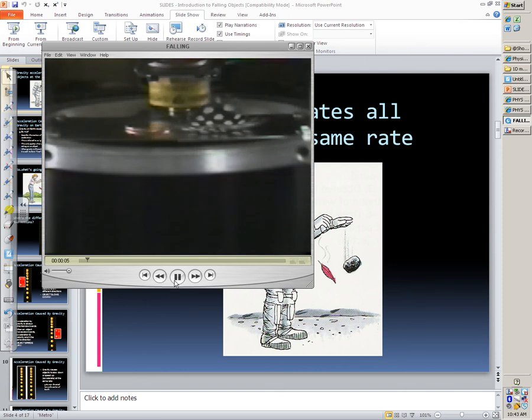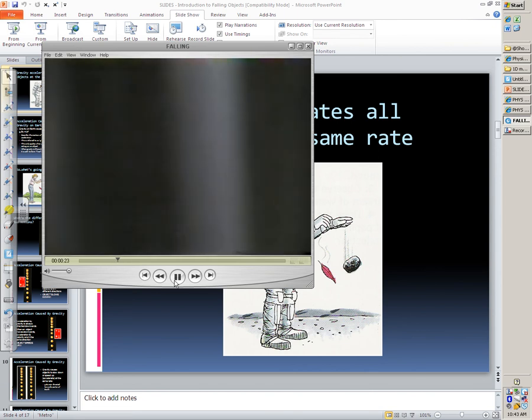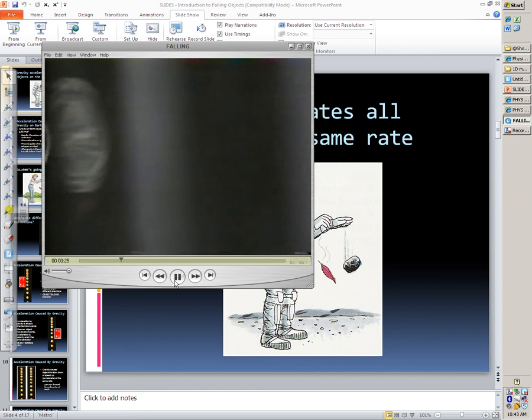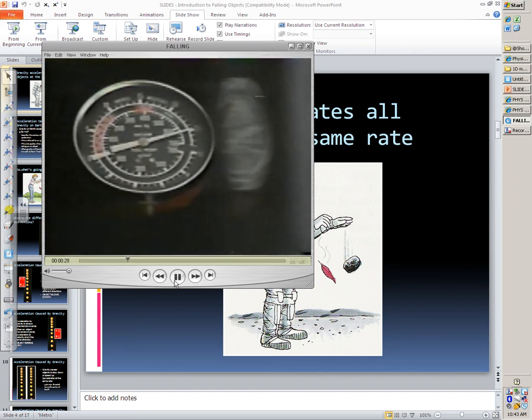In this demonstration, we're going to show the effect of air resistance. If we drop a penny and a feather in a chamber filled with air, they do just as we expect. The penny hits first and the feather falls later. This is because the feather was playing the role of an airplane. It was floating on a cushion of air, like a parachute. But if we remove the air from the chamber, in effect making it a vacuum, then we get something entirely different.